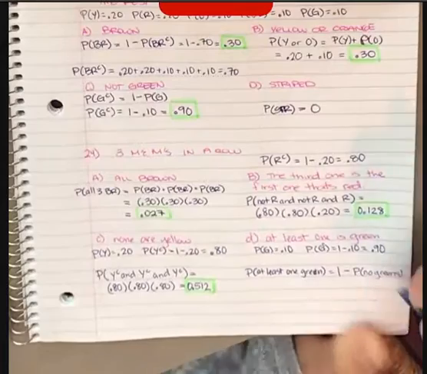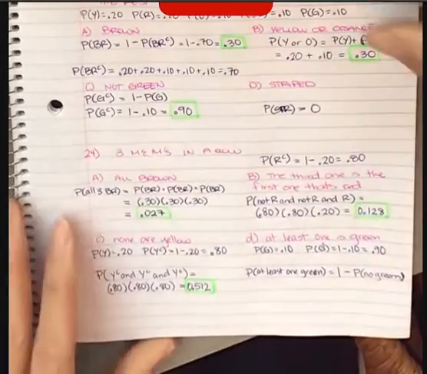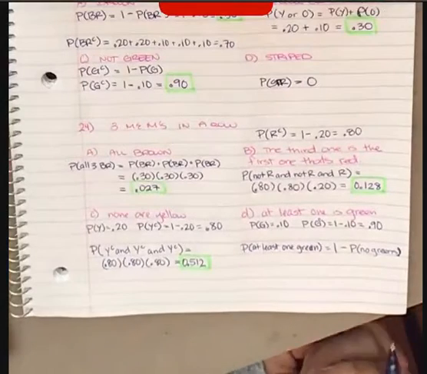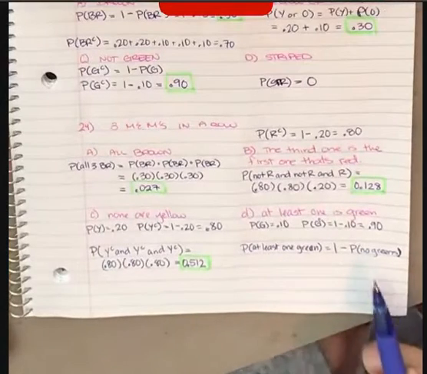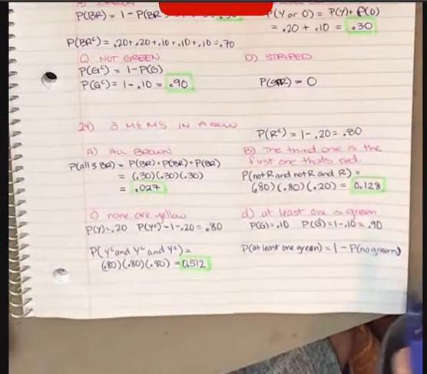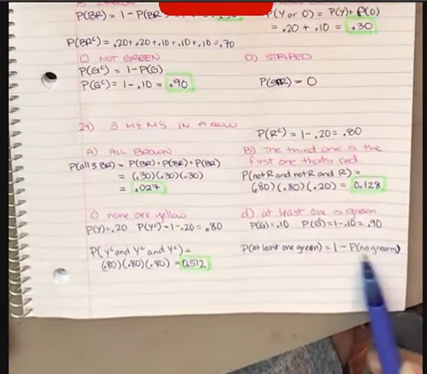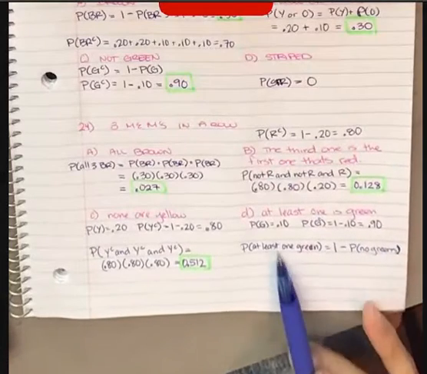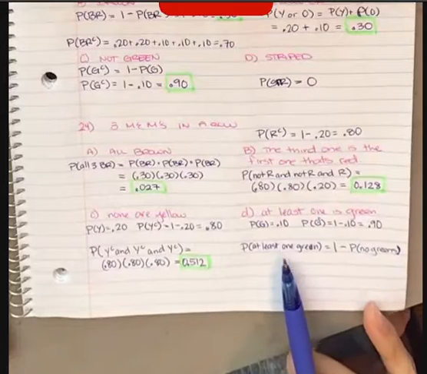The probability of no greens at all would mean that I have to pull 3 in a row that are not green, right? And I want to find 1 minus this because that leftover gives me what is at least 1 green.